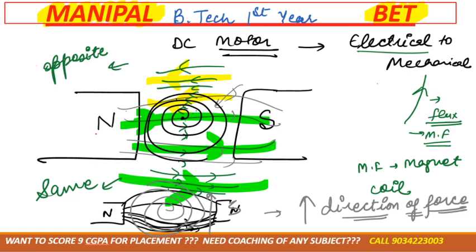This is basically the principle of the DC motor: we give electrical energy and get mechanical energy.